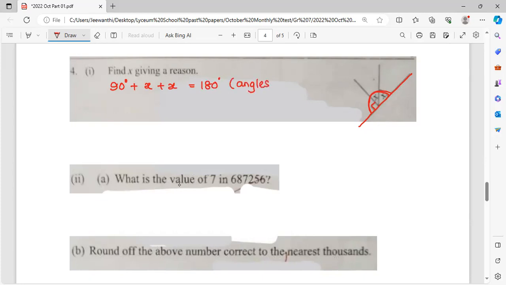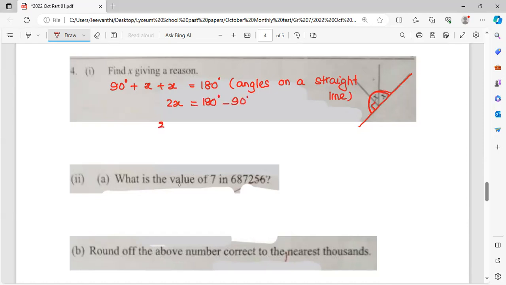Angles on a straight line. So then x and x, it is 2x is equal to 180 minus 90.